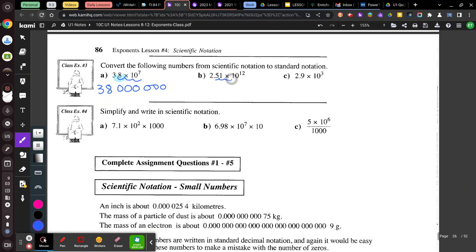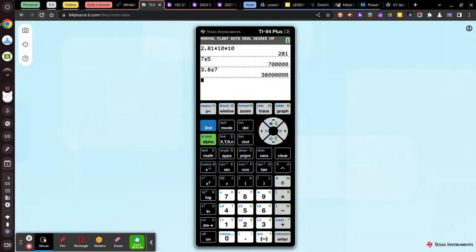So again, I could be just doing this and moving my decimal and putting zeros, or we go to our handy dandy calculator and we type it in, and we're going to go 2.51, second, comma, and now we put in the number 12. And if we count, we are going to have 10 zeros. Okay, you're going to have 10 zeros on this one.